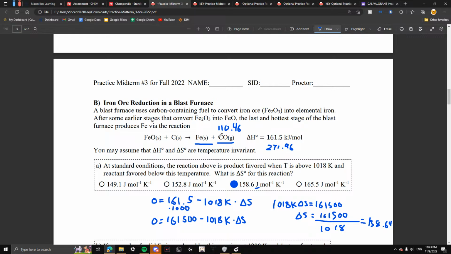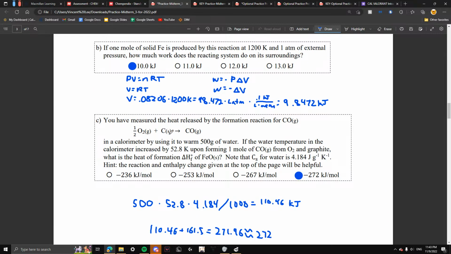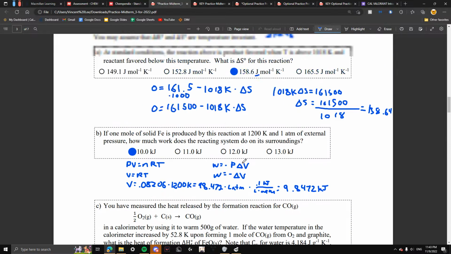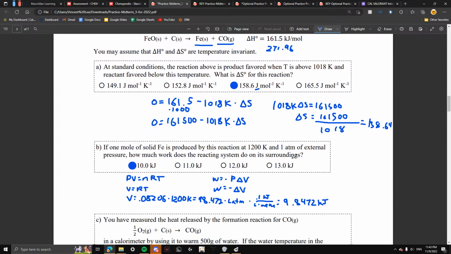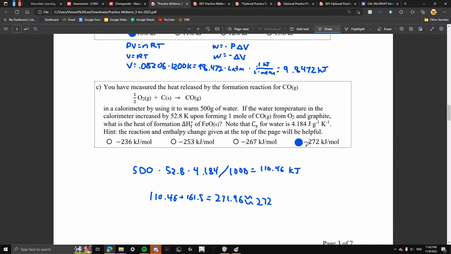Carbon monoxide's a product here, and it took 110 energy to make that product. So assuming that's a product, I'm just going to put it here. In order to adjust this delta H for the new formation of this carbon monoxide, it's going to be this. That logic is probably horrendously flawed, but I feel like it might be right.